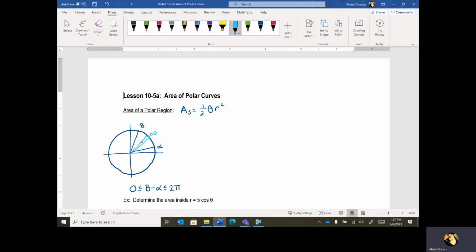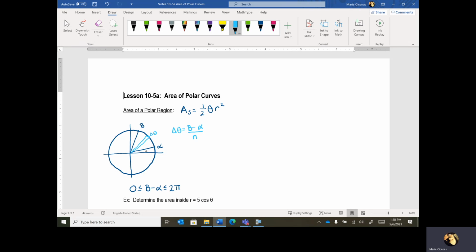Now that would be defined in how many sectors I want to split this up as. So delta theta would be my entire interval, beta minus alpha, divided by n. So we'd start with n sectors, and then we're going to take that to infinity to shrink it down and get the exact area.